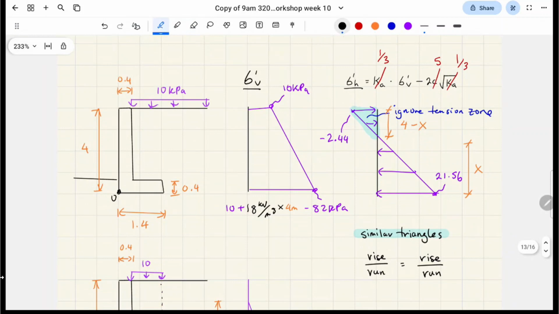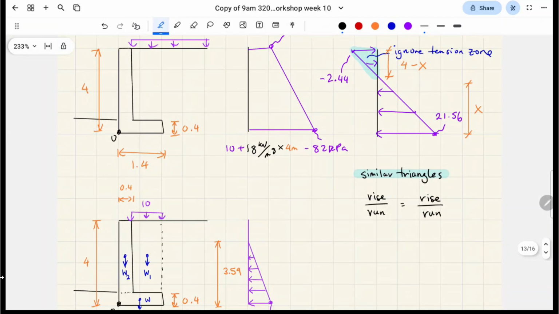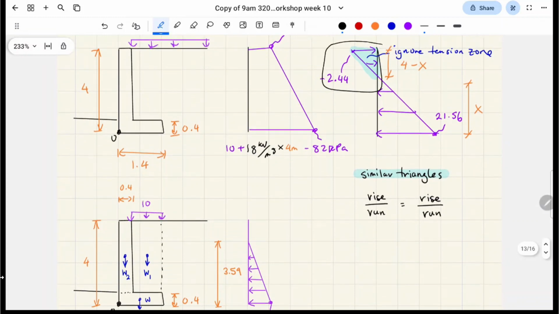So how do we do this? I've done it on the right here. It's very similar to shear force diagrams and stuff in 1300. What I like to do is say this triangle is equal to this triangle in terms of geometry. The rise I consider as the stress value, the peak stress value of that triangle, 2.44. The maths will work out if you do it positively, so keep that as a positive number.